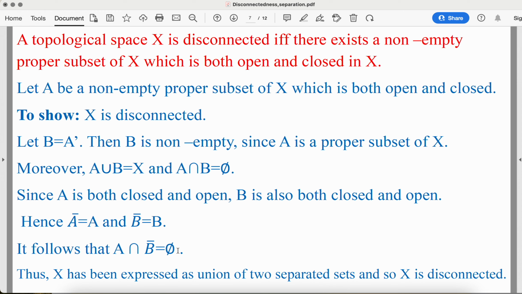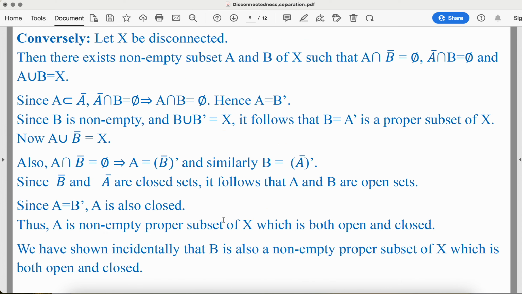Thus, X has been expressed as the union of two separated sets, and so X is disconnected. X is equal to A ∪ B and A ∩ B is phi.